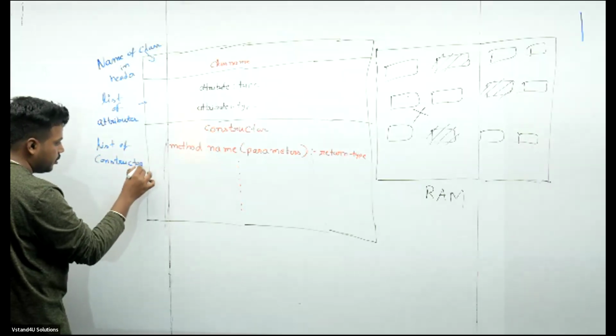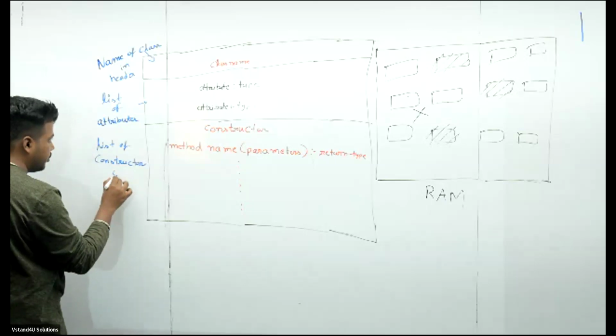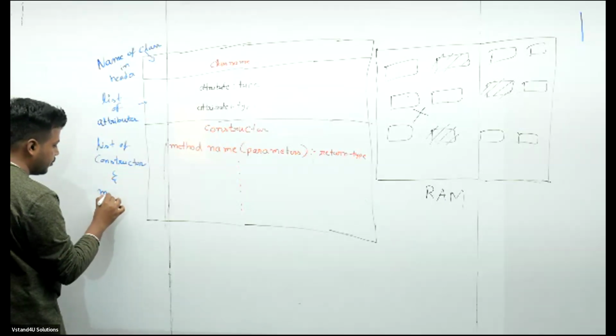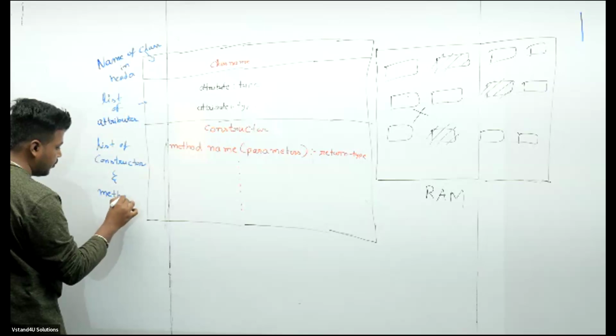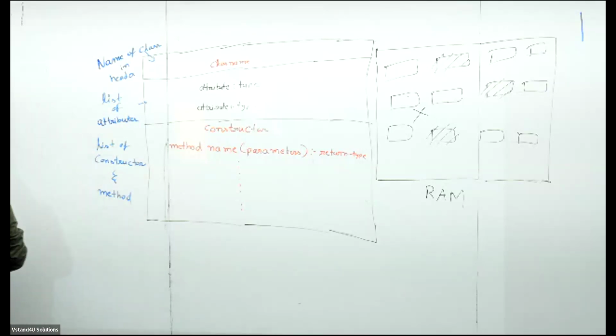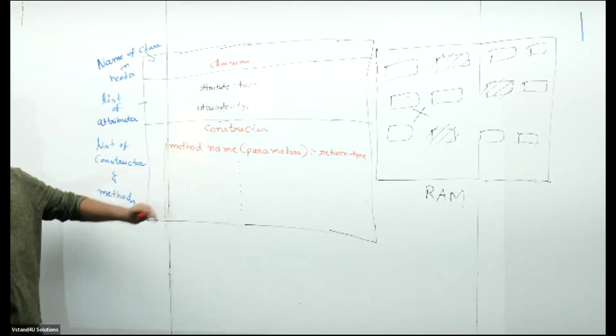What did you understand? Okay, next point. The class diagram looks like this. Under this you write this diagram.